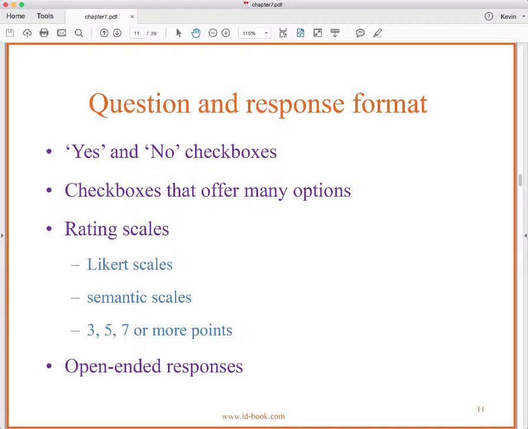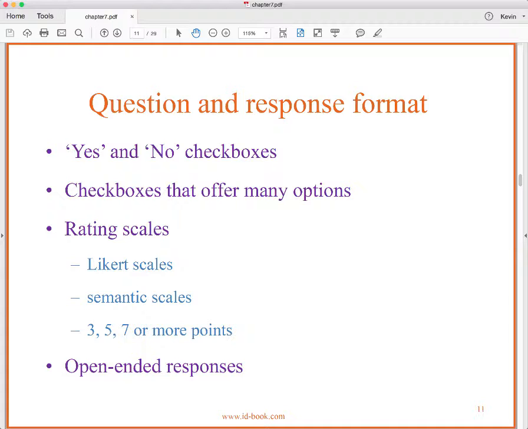Or we could use semantic scales where we have the two ends of the scale that are labeled. So there are really only two descriptions that compete with each other as opposite ends of a spectrum, and then we get a number of points to pick along that spectrum as to how close to one side or the other that we are.